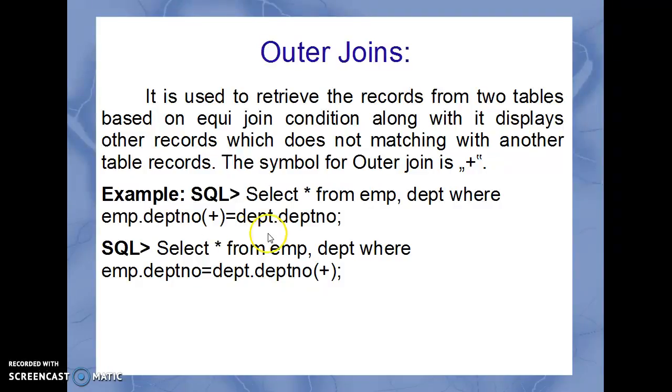If both are equal, the rows are displayed as columns and data, for example department numbers 1001, 1002 and so on. If both are satisfied, this is called an outer join. These are all outer join operations.